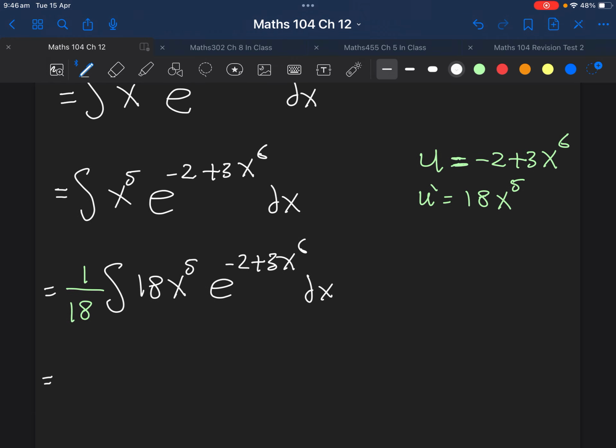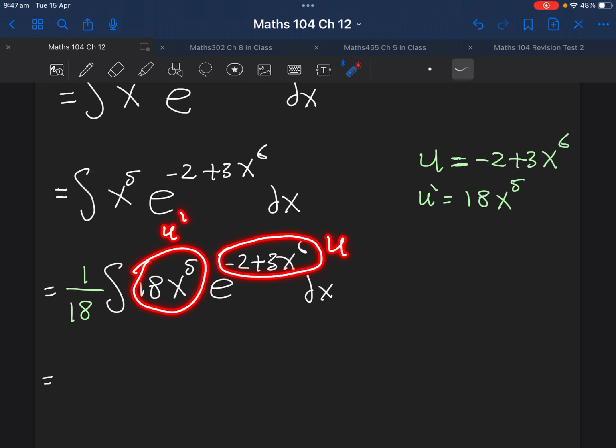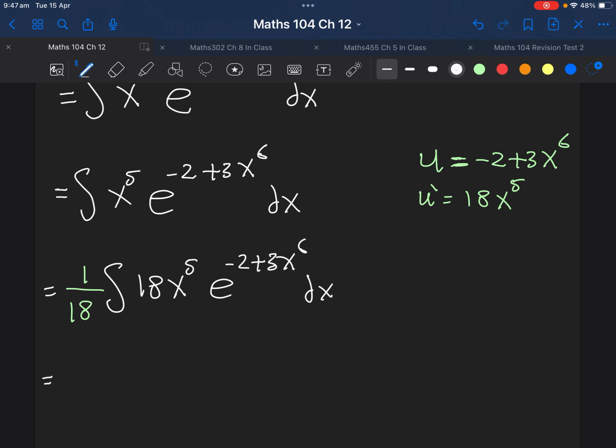Now, what will this give me? It will give me u and the perfect u prime. So what is the integral of e power u times u prime? As you just guessed, it will be the same as e power u. So you keep u, which is the inner function. And of course, you have 1 over 18.